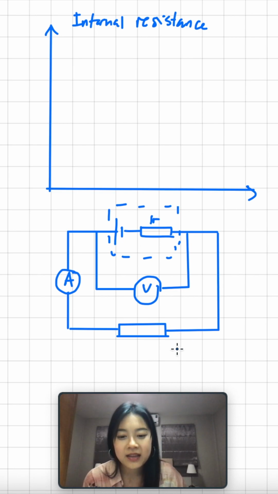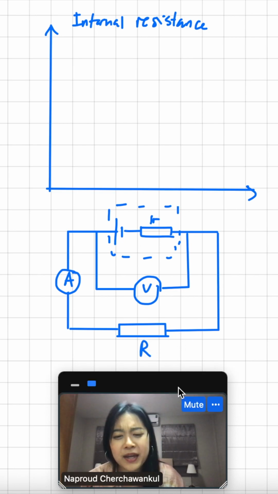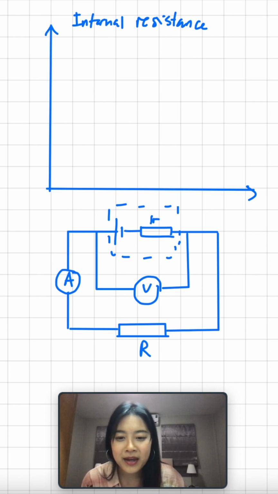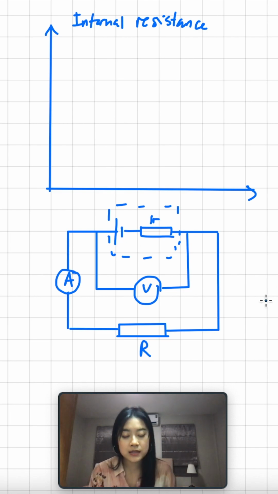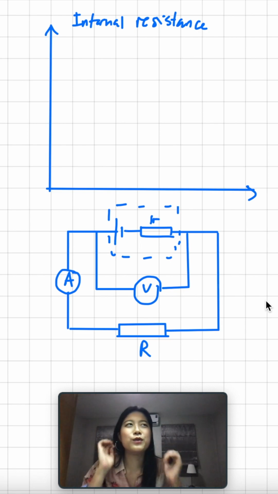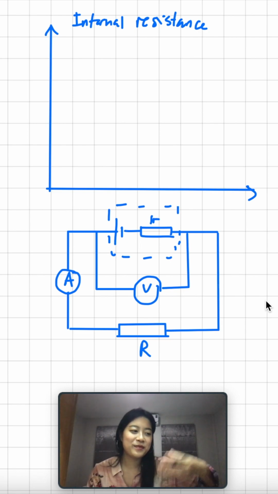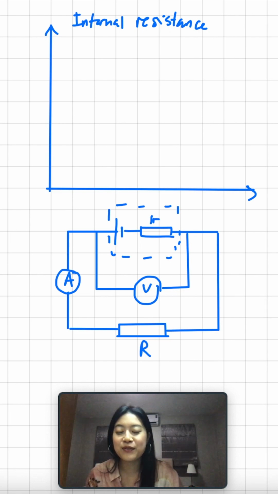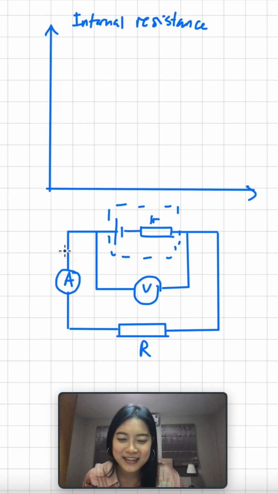Okay, so the idea is, this is a circuit, very simple, and you have a battery here which has something called internal resistance, which is the name of this topic. Internal resistance is the resistance of the battery itself, because batteries are not perfect, they lose energy through heat, because internally it's made of something like wire. I don't know exactly what they're made of, but it loses energy if a current goes around this circuit.